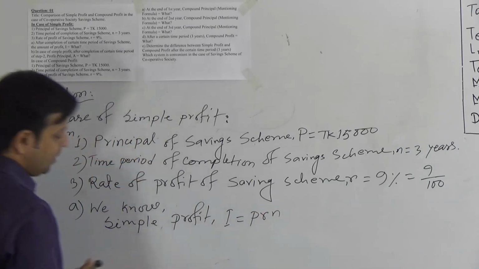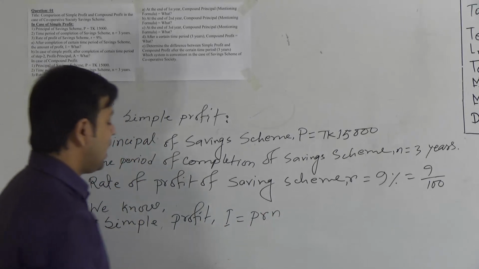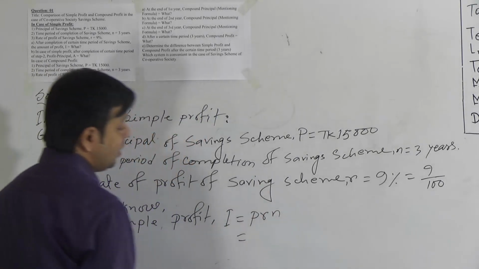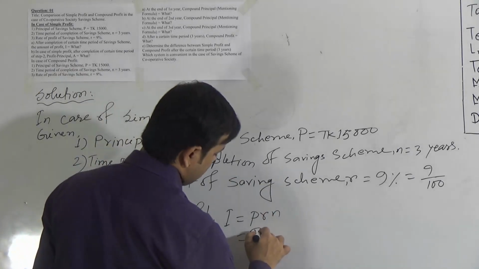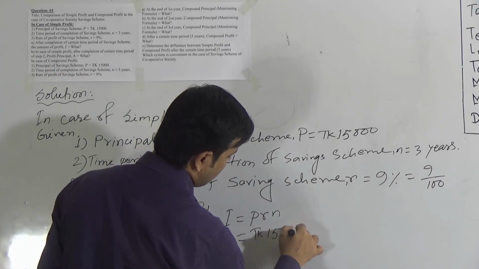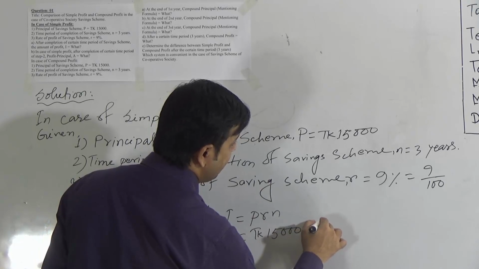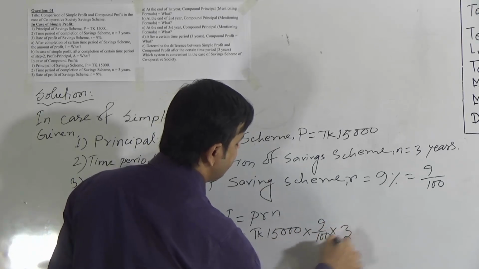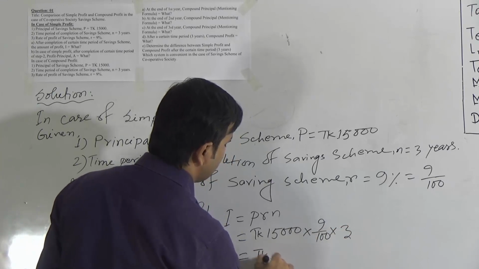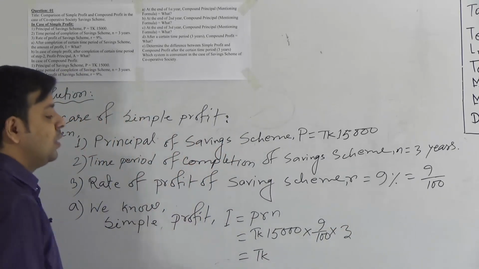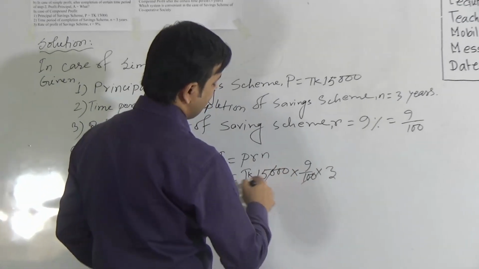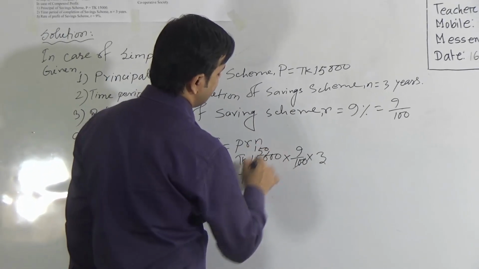We have to determine the value of I. Here I means simple profit. So put the value of P here. The value of P is taka 15,000. Value of R is 9 by 100 and value of N is 3. So if we calculate, what will we get? We can cut by 100. If we cut by 100, we will get 150.